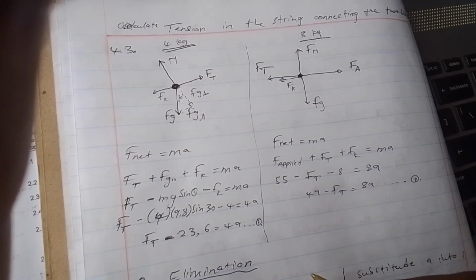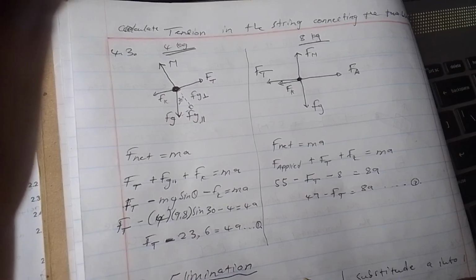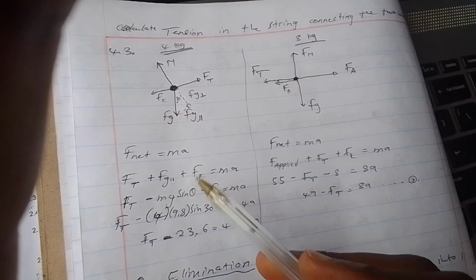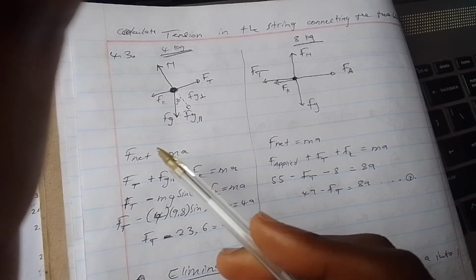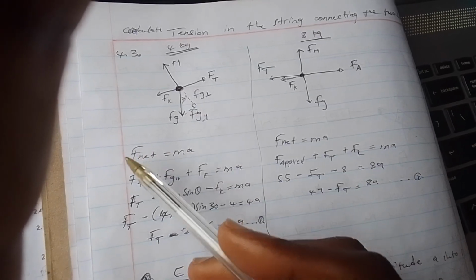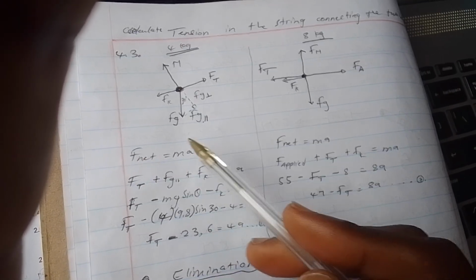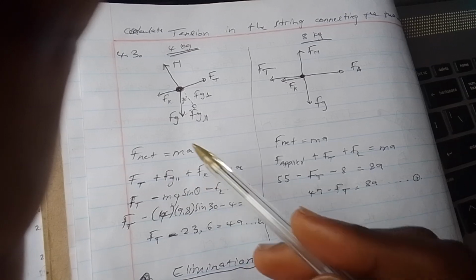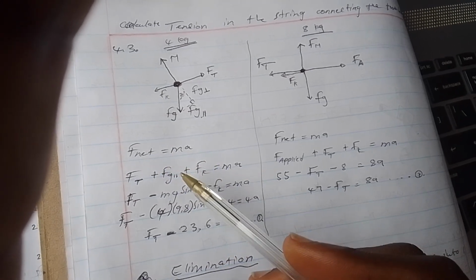Stay with me, okay? So on our 4 kg block, we use Newton's second law. The formula: F net is equal to ma.